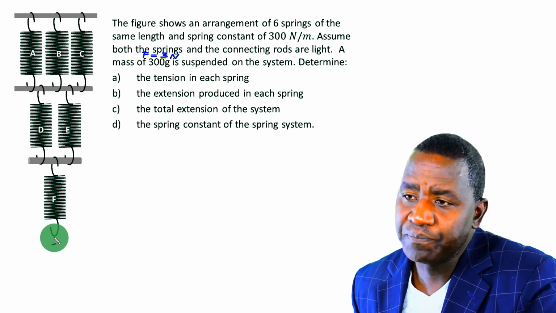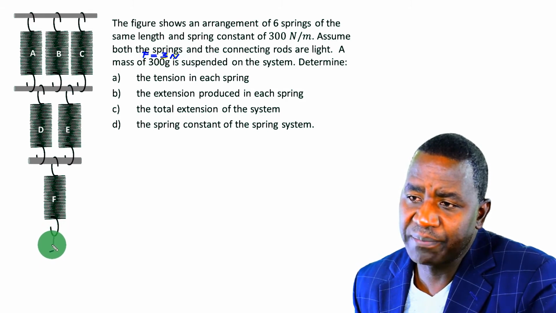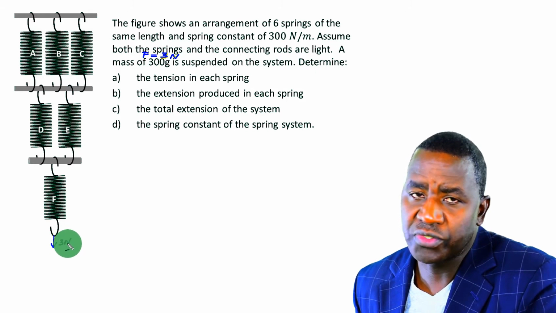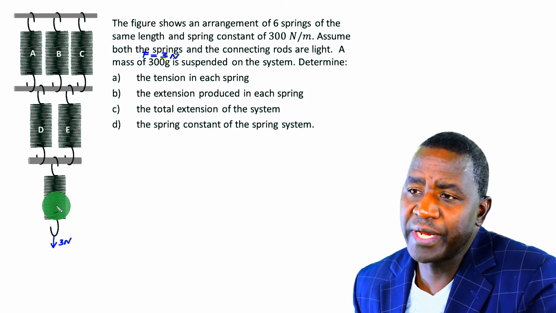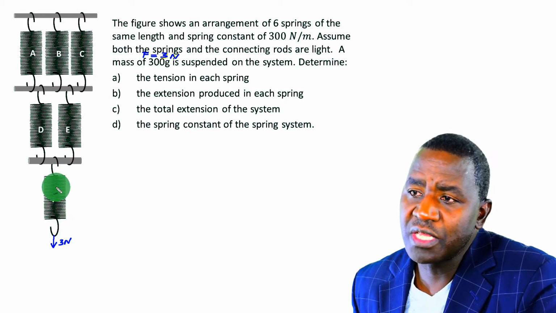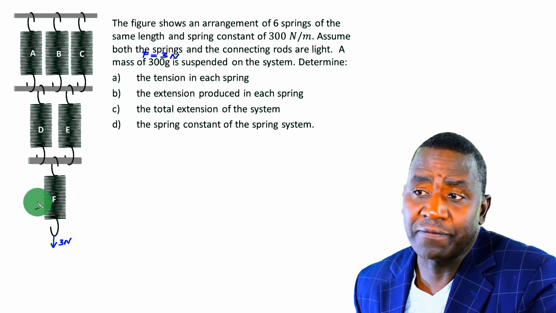Now, over here, the force that I exert on the system is a force of 3 newtons. I can start with the spring which is immediately after the 3 newtons. You can see that this spring supports all this force by itself.